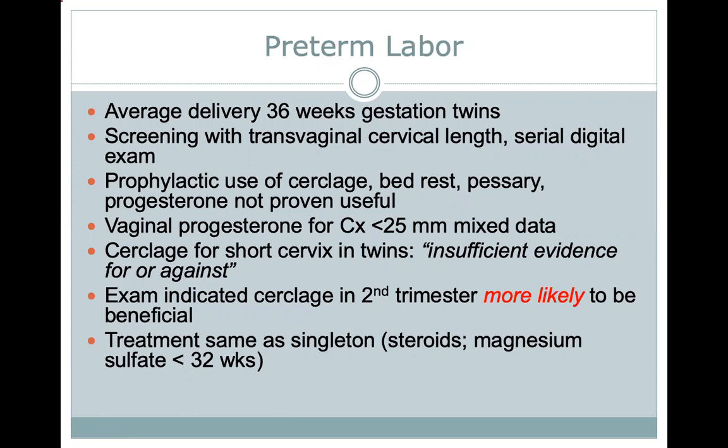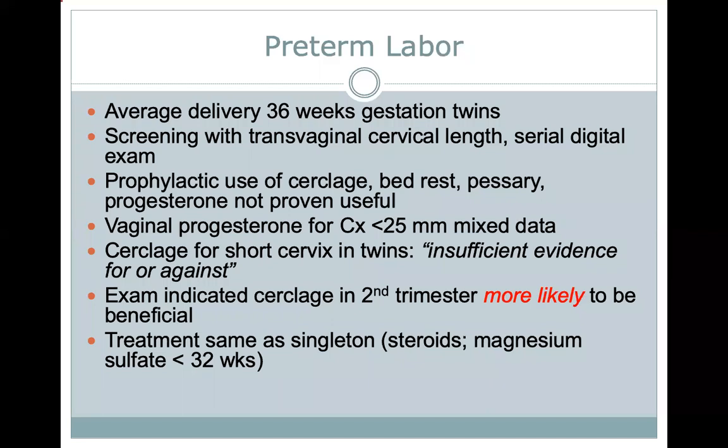Vaginal progesterone, however, for a cervix less than 25 millimeters is very mixed in the twin data. There's just not a lot of data to firmly support it. There are some studies that show a benefit, some studies that don't show a benefit. So ACOG and SMFM really kind of say you can do what you want to. There's really not any firm recommendation one way or the other.